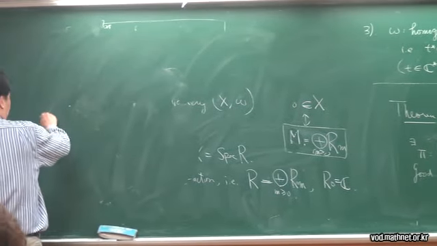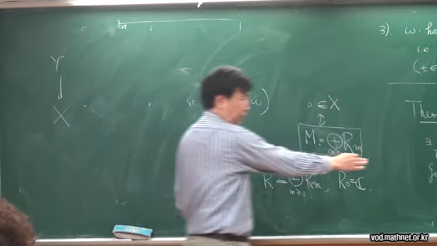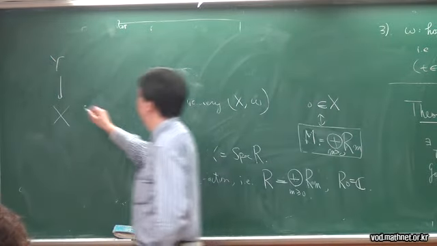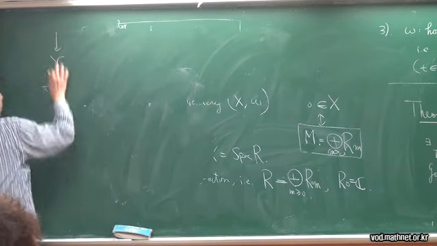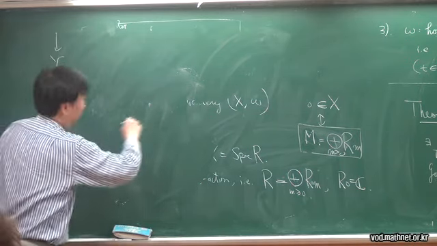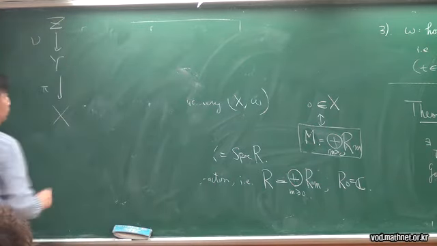You have X here, and you have this crepant partial resolution pi, and take a resolution of Y. Y has some mild singularities, but take some resolution.